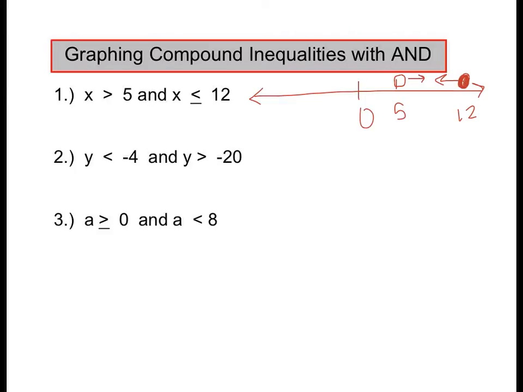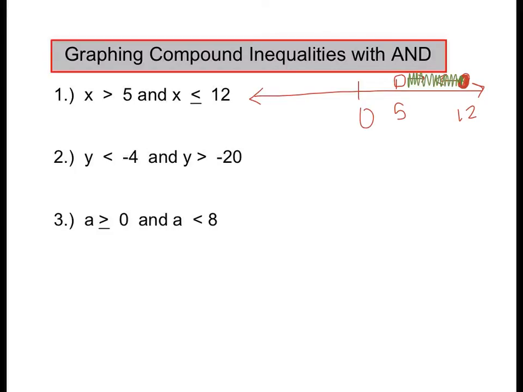This should always be true when I have a compound inequality that is joined with the word and. The answers for x are everything in between 5 and 12, so I'm going to shade that whole space. Notice x cannot be 5 because of the open circle, but it can be everything in that green shaded area all the way up to 12 and including 12 because the circle on 12 is filled in.